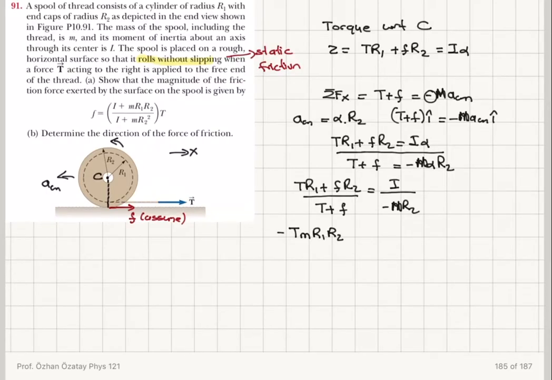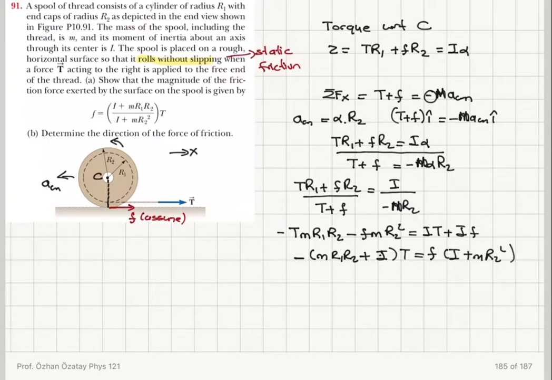Okay, so it's going to be minus T m R1 R2 minus F m R2 squared is equal to I T plus I F. So it is minus m R1 R2 plus m R2 squared, plus I in T parentheses will be equal to F times I plus m R2 squared.